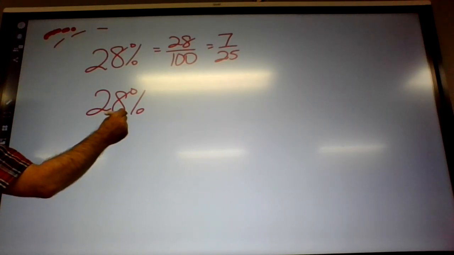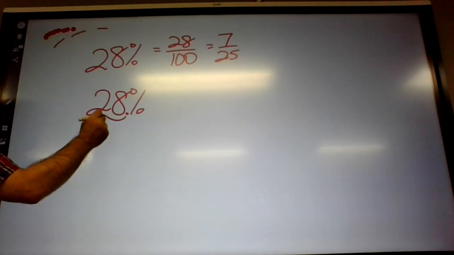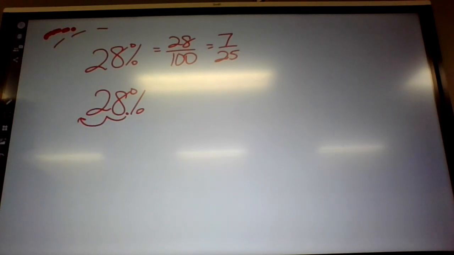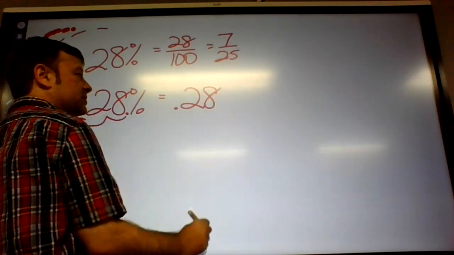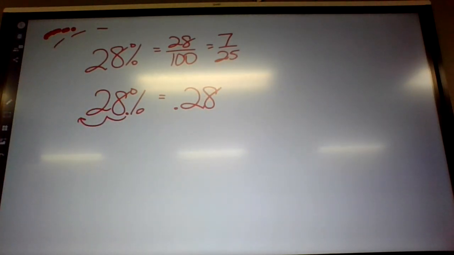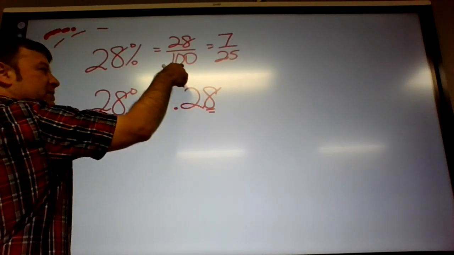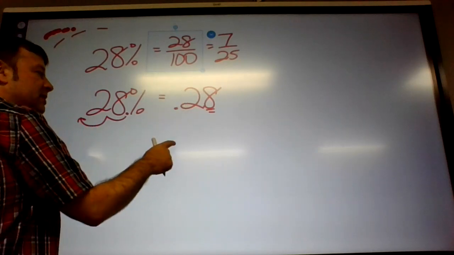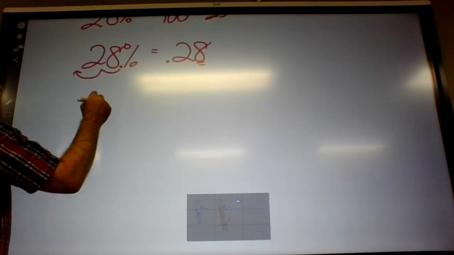Okay, right now there's an invisible decimal at the end. And what you're going to do is move the decimal 2 places to the left. So 28% is equal to 0.28, which means 28 hundredths, because this is the hundredths place. So anyway, same thing. Okay, what if I have, let's say 5%?